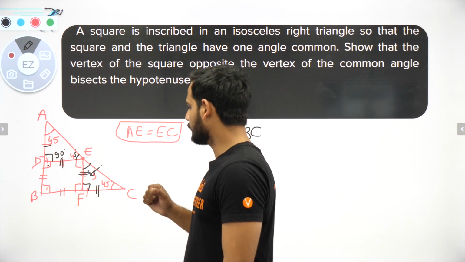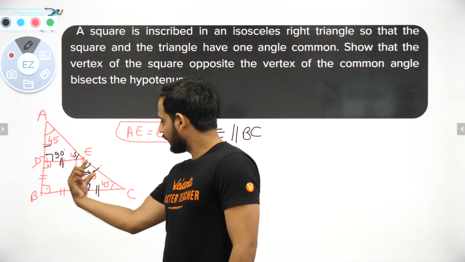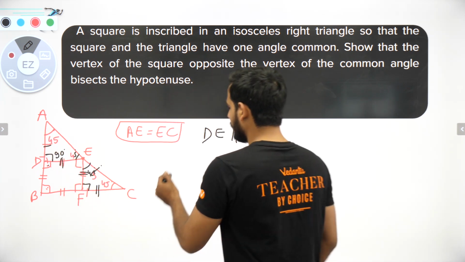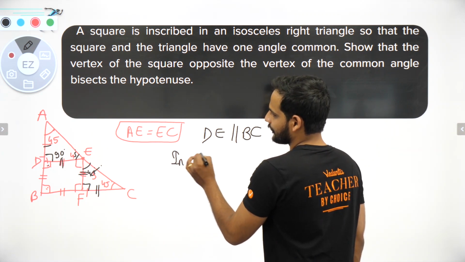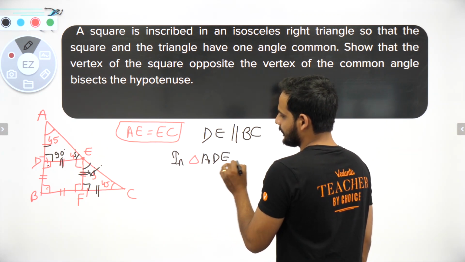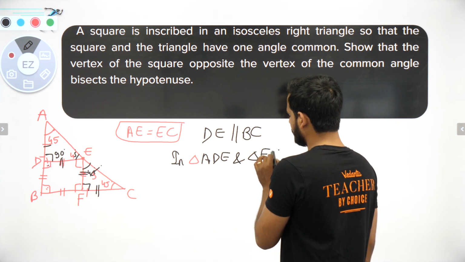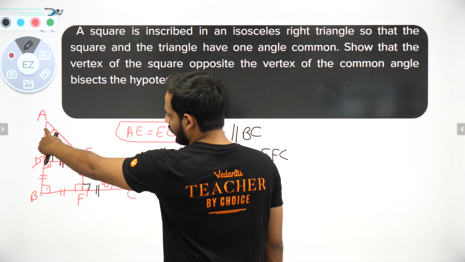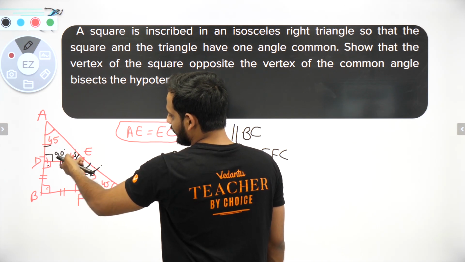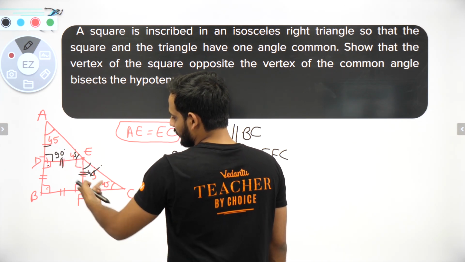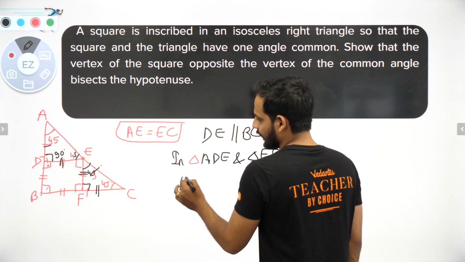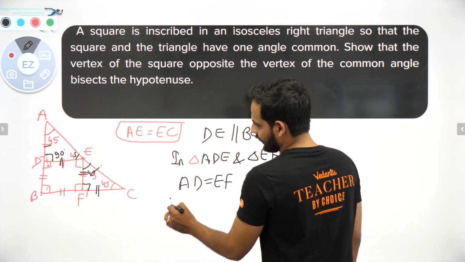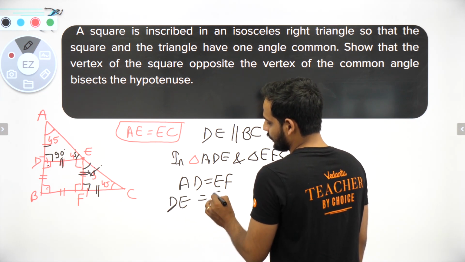And one more thing you can say: this side and this side are equal, this side and this side are equal. So you can prove in triangle ADE and triangle EFC. First, I have got AD is equal to DE and DE is equal to EF. So EF is equal to FC. So I can say AD is equal to EF. Second, DE is equal to FC.